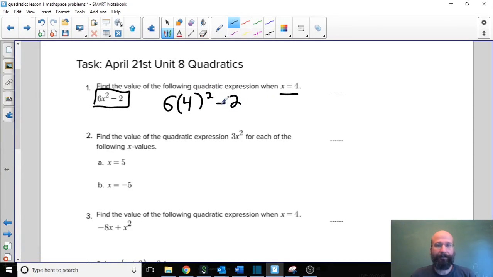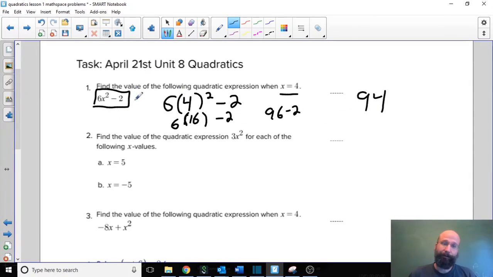Make sure whenever you substitute, you use parentheses. 4 squared is 16. 6 times 16 is 96, so you end up with 96 minus 2, and your final answer would be 94.